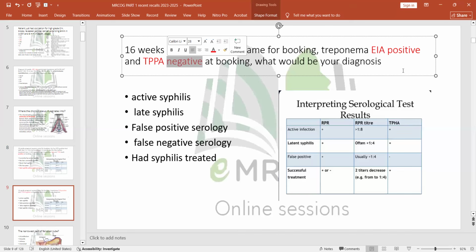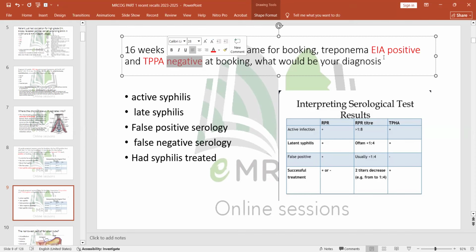Treponemal, yes. Yes, treponemal tests: TPPA, TPIA, any immunofluorescence, okay? But not EIA, not RPR. RPR or EIA are not specific.